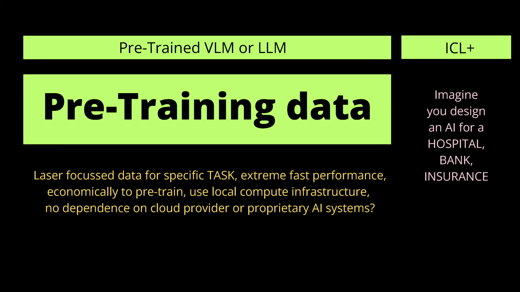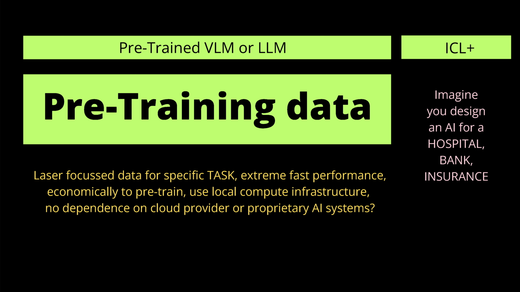Maybe if you have a computer infrastructure, if you are an insurance company or a bank, you can use your local computer infrastructure. You have maybe no dependency on your cloud provider. You can do it in-house, and you don't have to pay for a proprietary AI system where you are allowed to fine-tune their system on their machine, where you have to send over all your company data to them.